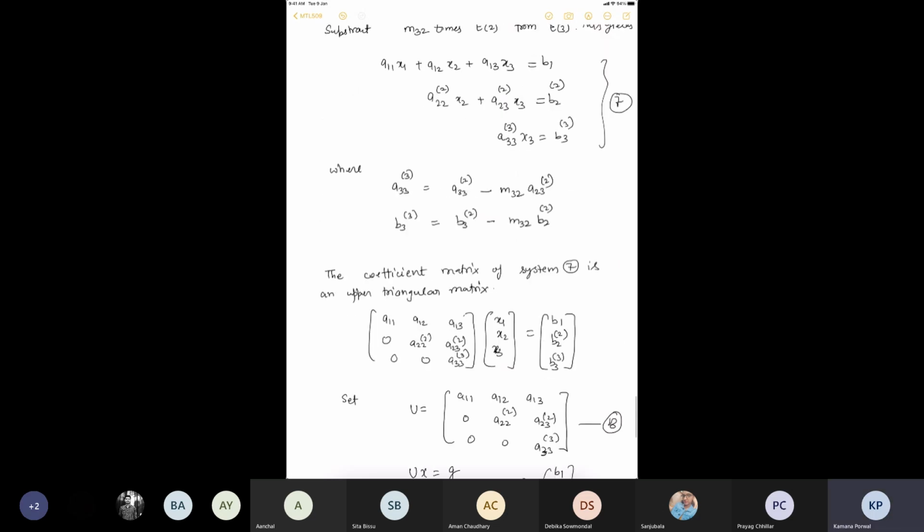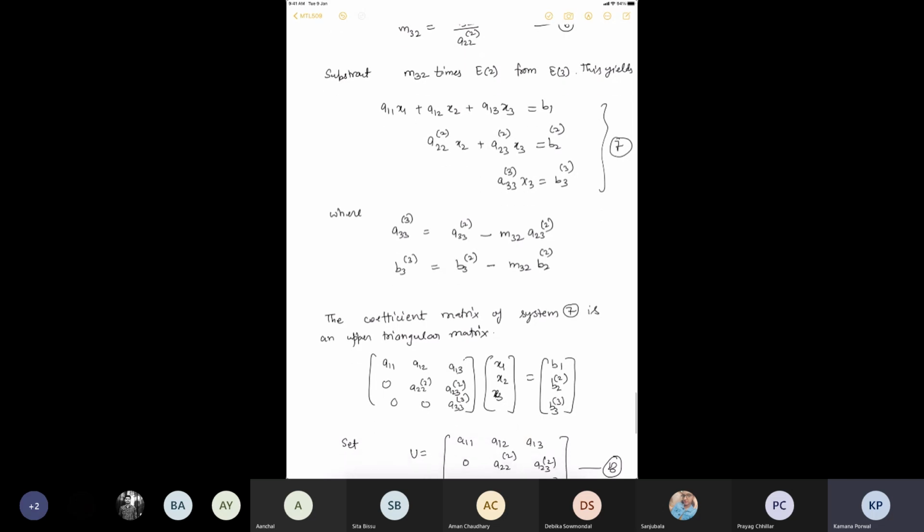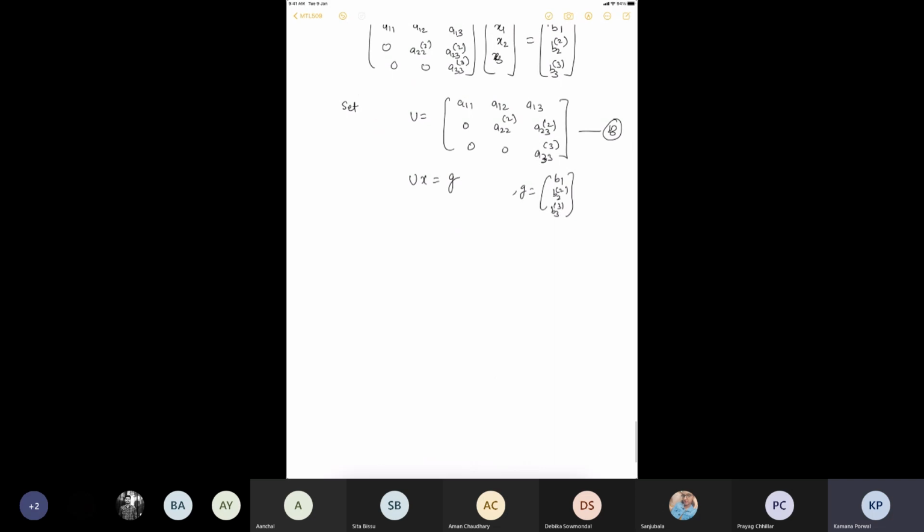Okay. Now note that solving this system is very easy, because you just start solving from the last equation, which we call the back substitution. You first solve the last equation for x3, right? Once you have found x3, you solve for x2 from the second last equation, and then finally you solve for x1 from the first equation.